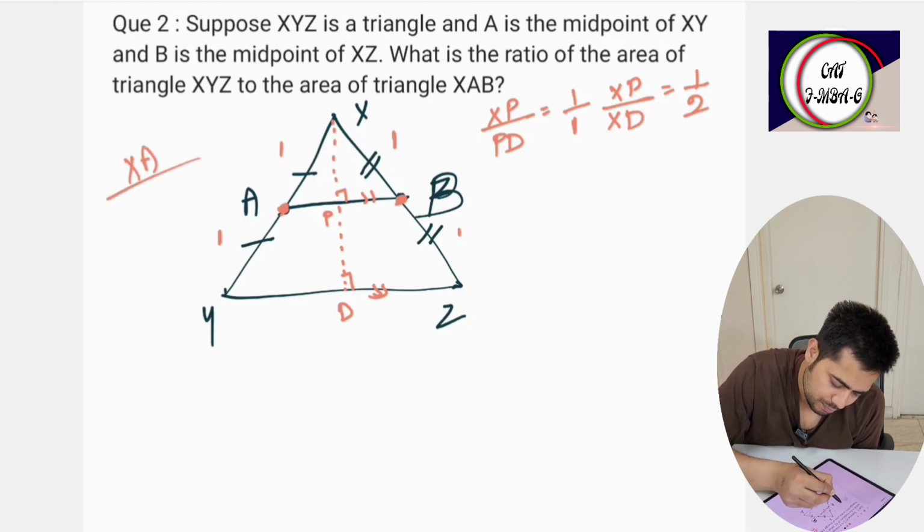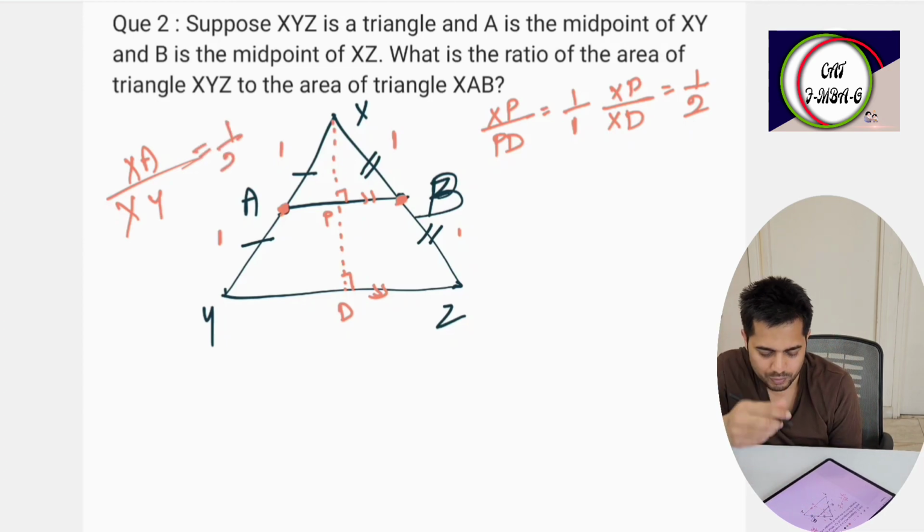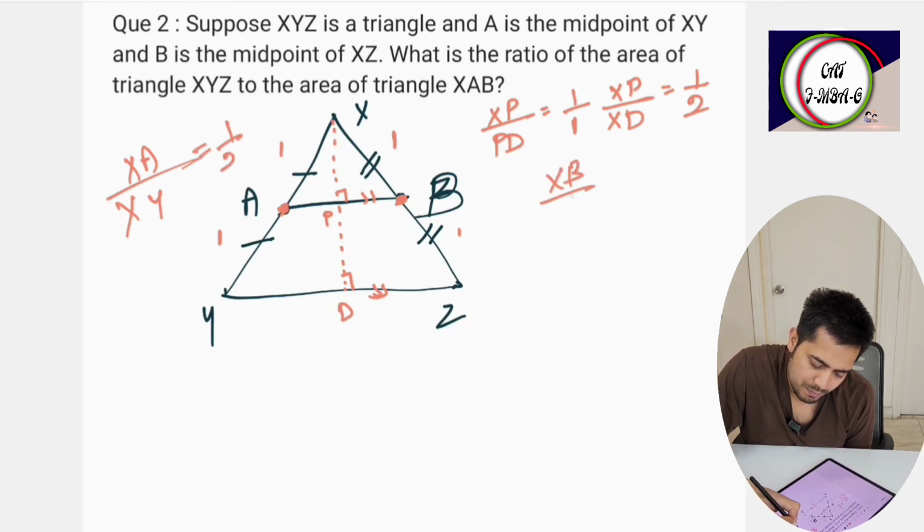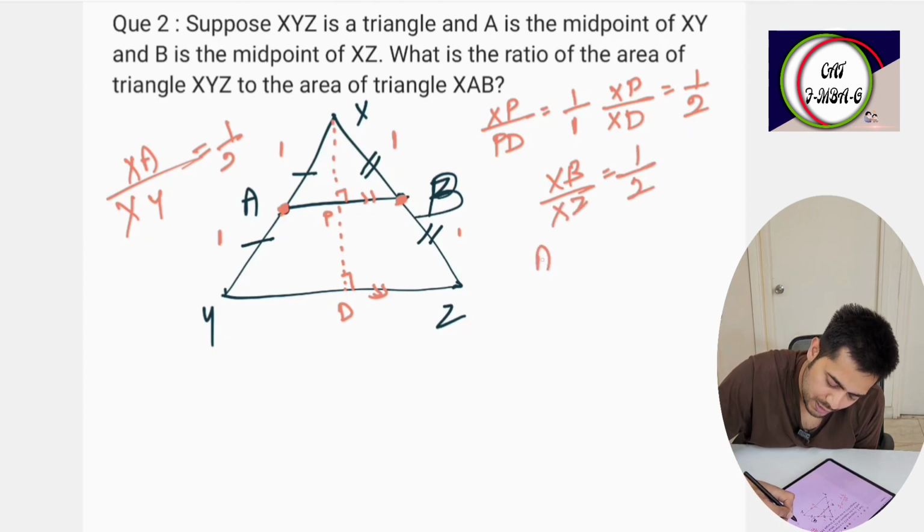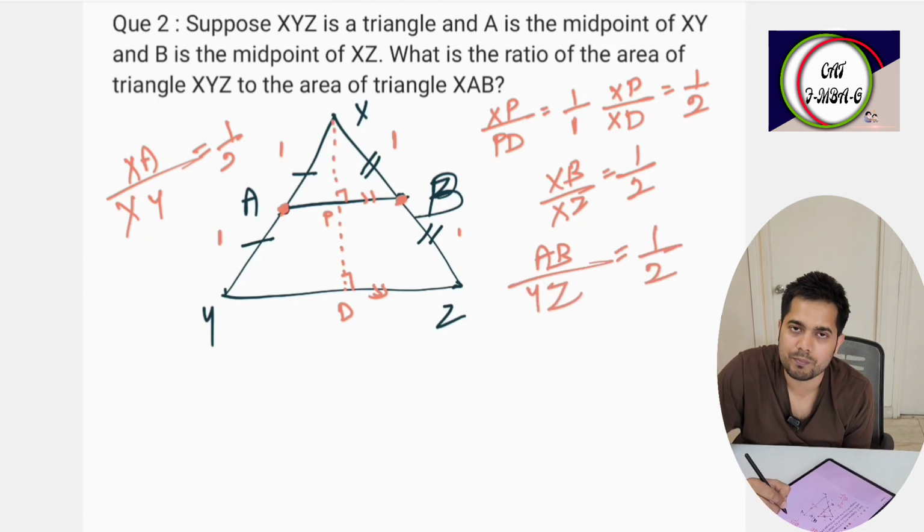XA by XY is 1 by 2 because this is the midpoint. XB by XZ is 1 by 2. Also AB and YZ are going to be in the same ratio, so 1 by 2.